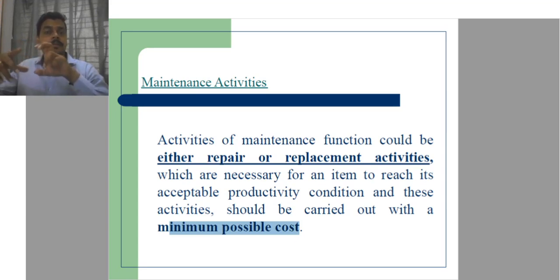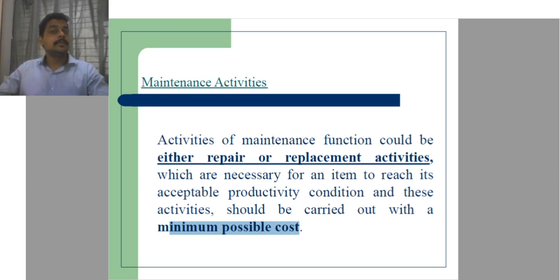If the persons are doing the maintenance of that electrical equipment at greater than X rupees, it is not permissible or acceptable. That's why the maintenance work should be carried out at minimum possible cost.